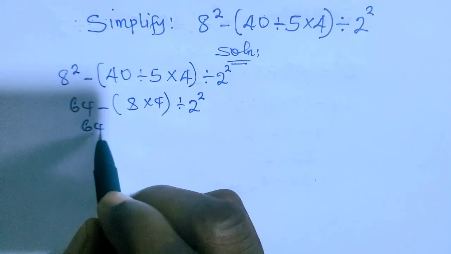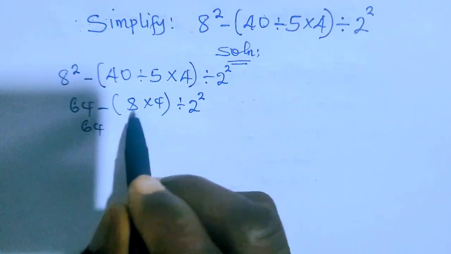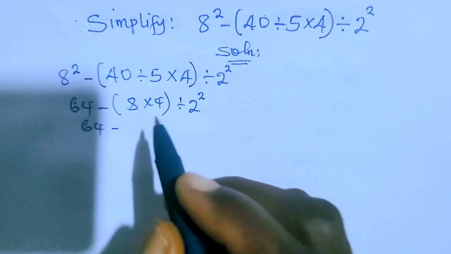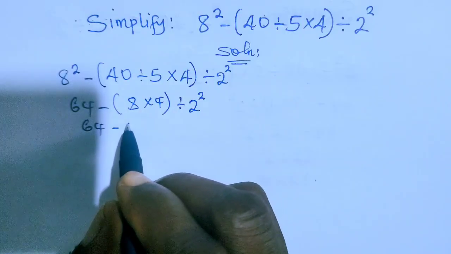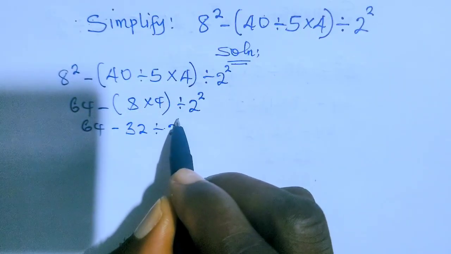Then we have 64 in parentheses. Just simplify this out. 8 multiplied by 4, that will give 32, divided by 2 to the power of 2.